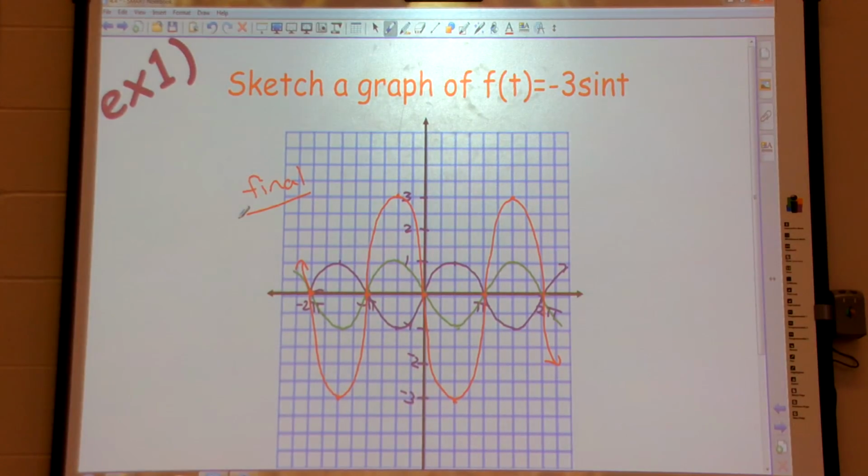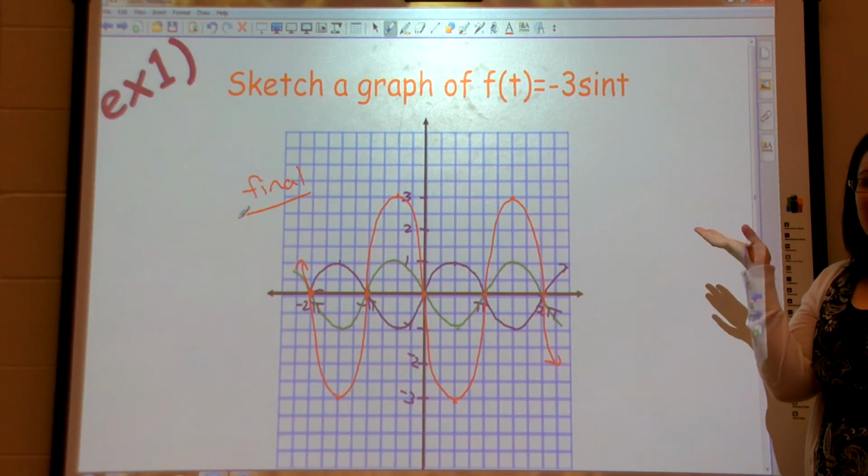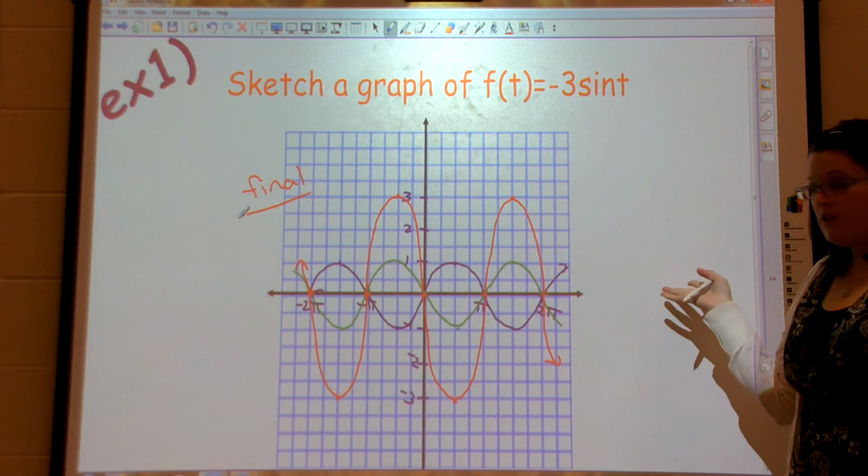So draw arrows and write the word final in your final color. Okay, questions? Of course you have to know what sine and cosine look like. This is really hard. Let's try another.